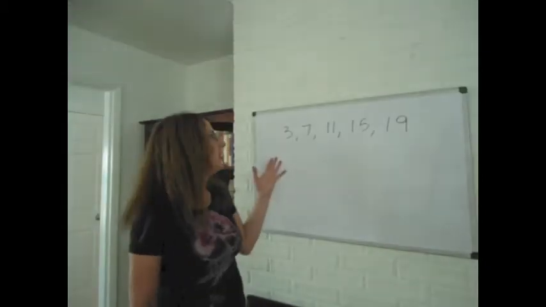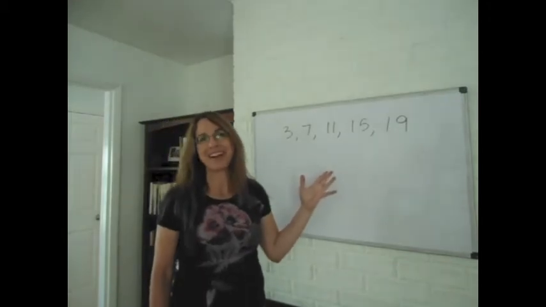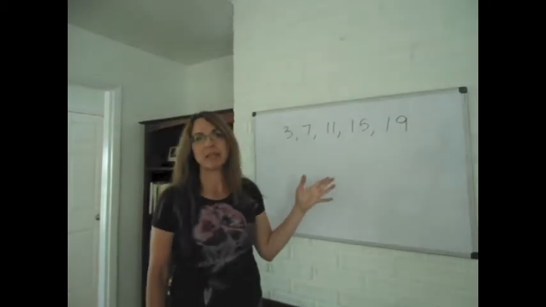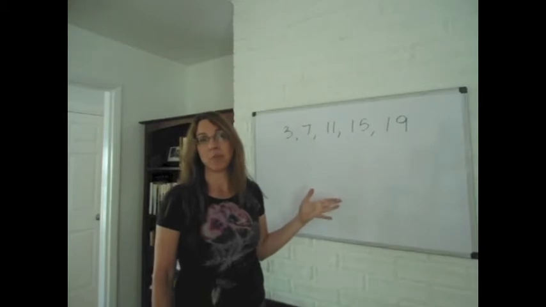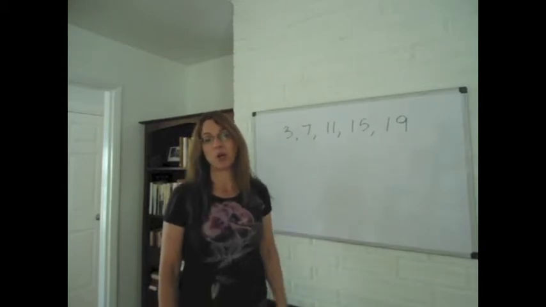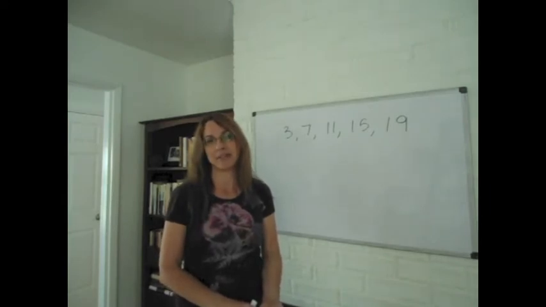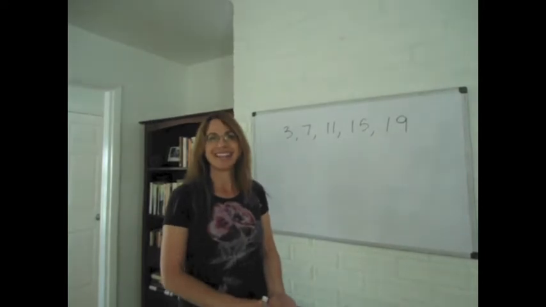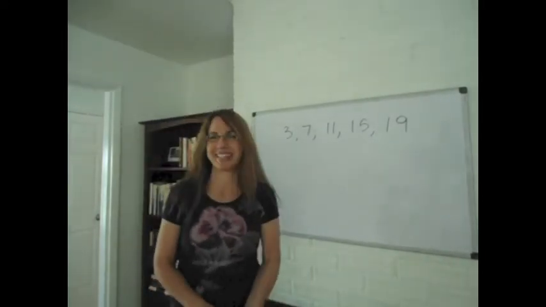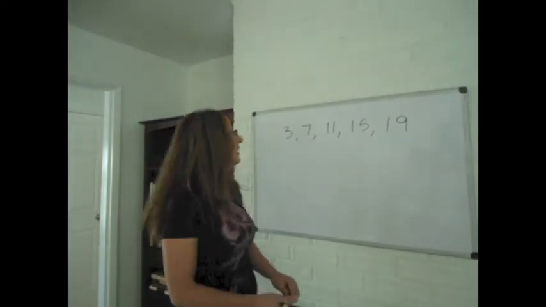Okay, now we've got a new sequence. Once we identify it as an arithmetic sequence, we're going to go ahead and define it. I want you to be able to do that, so go ahead and pause so that you can do this in your notebook, and then we'll go through it together. Okay, we're back from pausing. At least I hope you paused. Here we go.